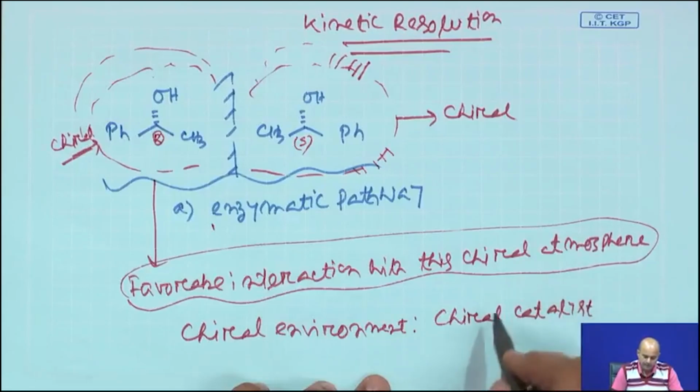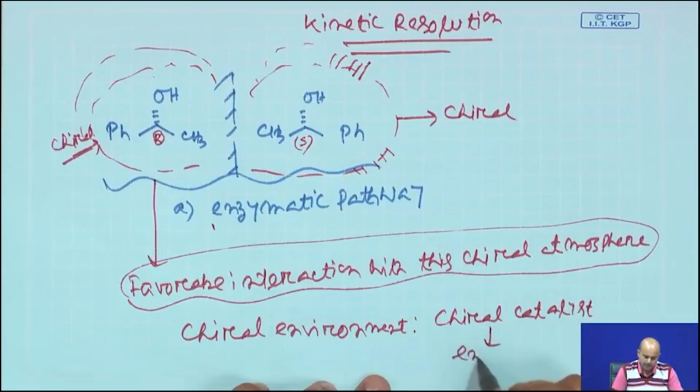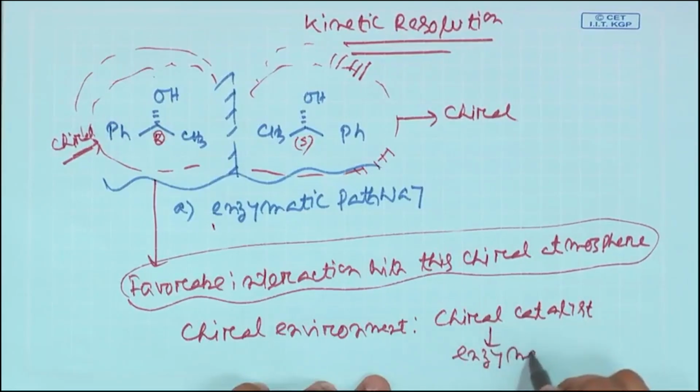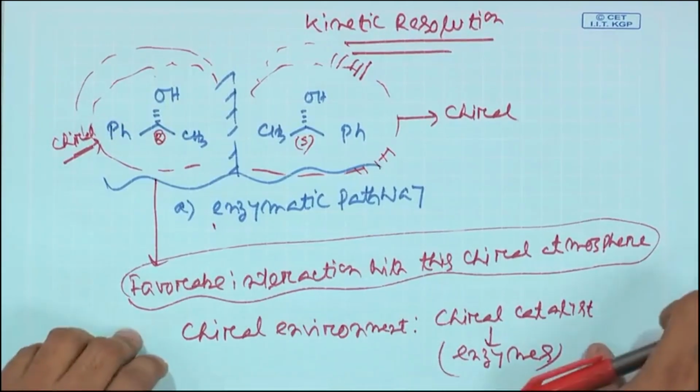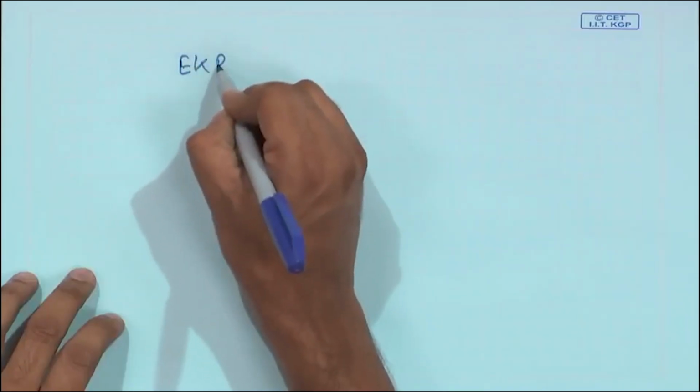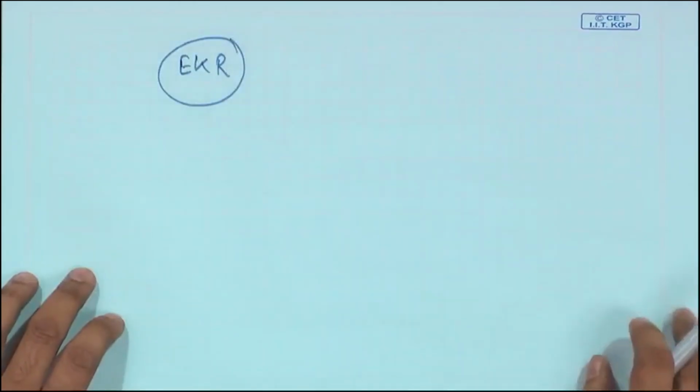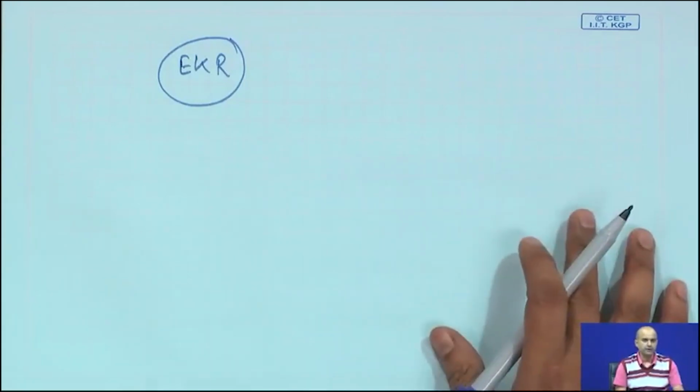Now, out of these chiral catalysts, enzymes have been very effectively used for this kind of resolution, and these resolutions are now termed as EKR or enzymatic kinetic resolution. But definitely we are not going to discuss these things in detail here, because this is beyond our scope.